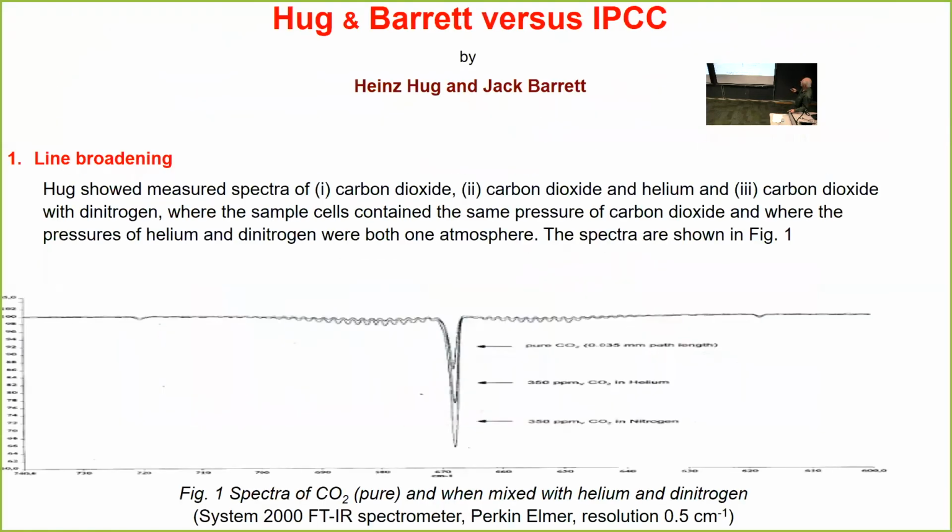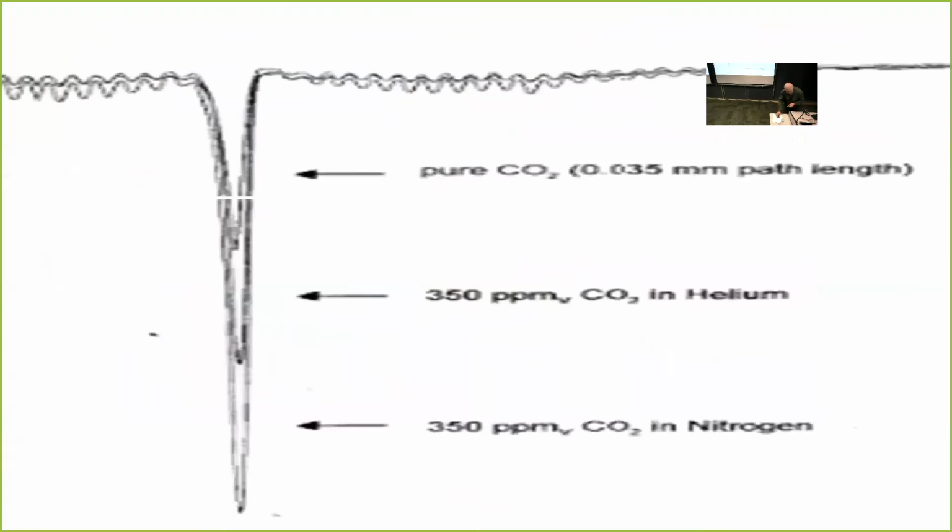So this is a paper by Hung and Barrett versus the IPCC. And here's what it shows. Some very interesting results. So you see this first curve here. This is CO2 alone in an ampule, in a vial, or a cuvette. And it absorbs this much radiation. When you add helium to it, it absorbs more radiation.